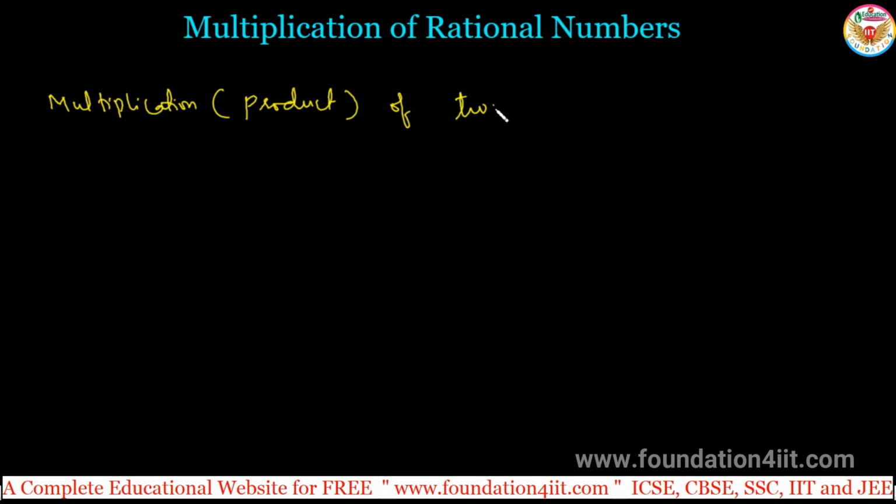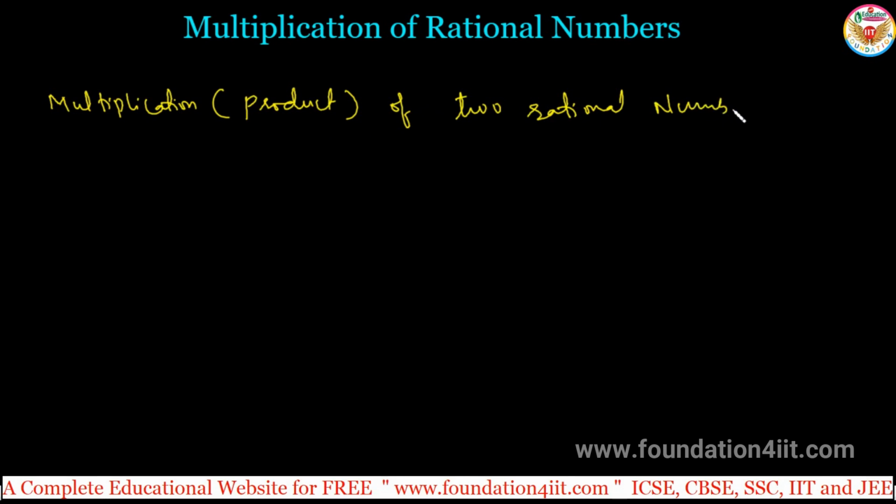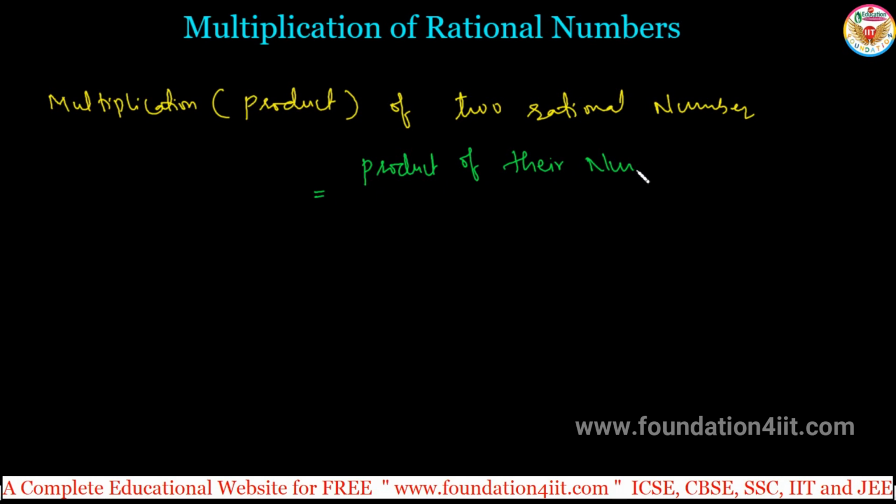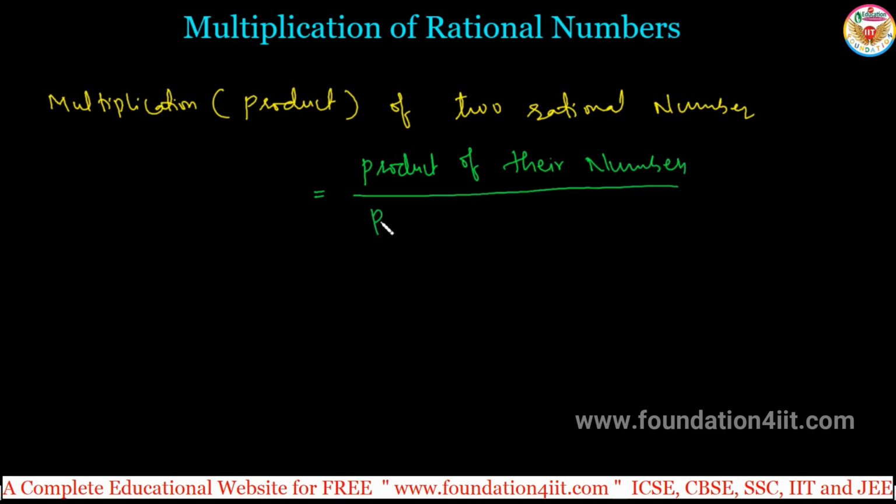If you want to multiply any two rational numbers, the simple technique is we take the product of their numerators. So numerators you need to multiply, and divide by the same product of their denominators.